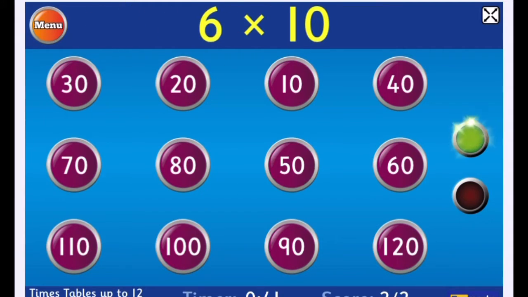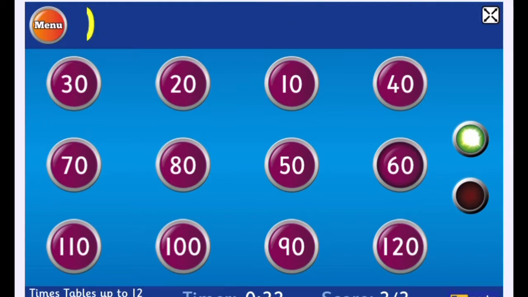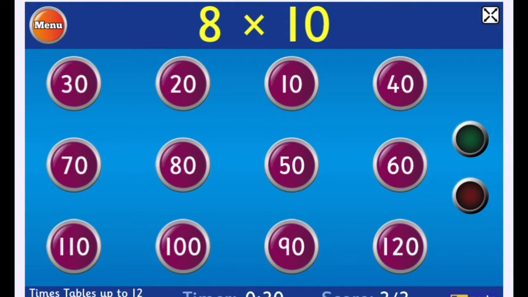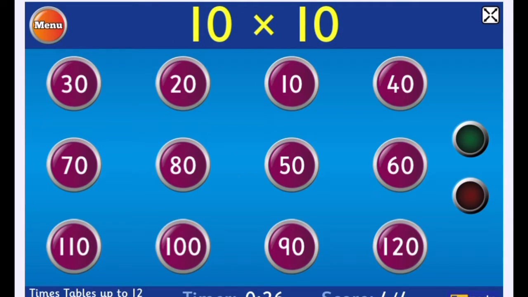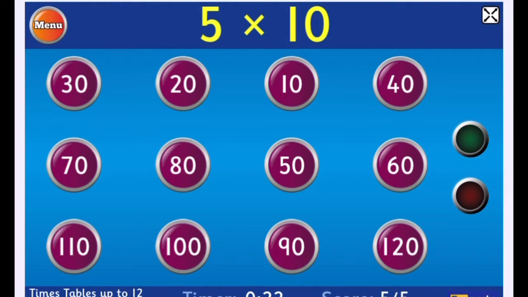Ooh, I wonder if there's a pattern that might help us. Let's try this one. 10, 20, 30, 40, 50, 60. What do you think this one might be? 80. We've had this one, so I remember 10 times 10 is 100. Let's try the next one.